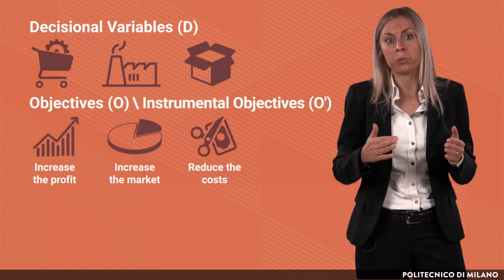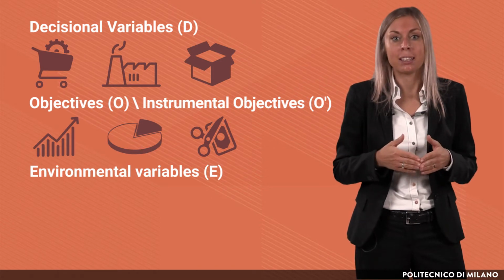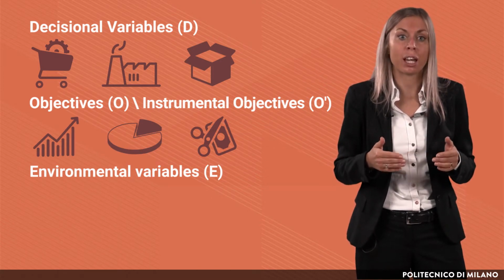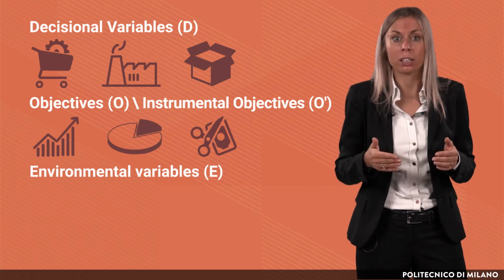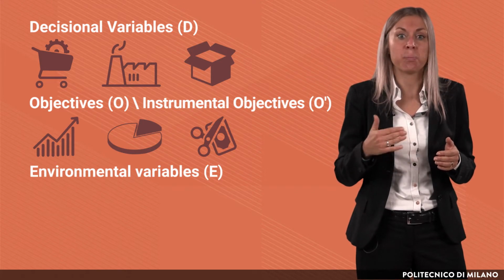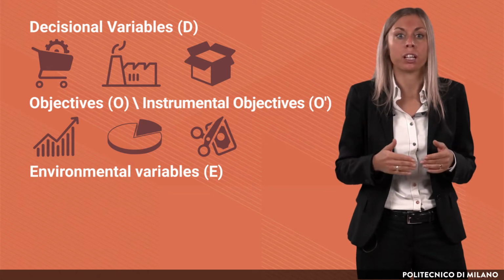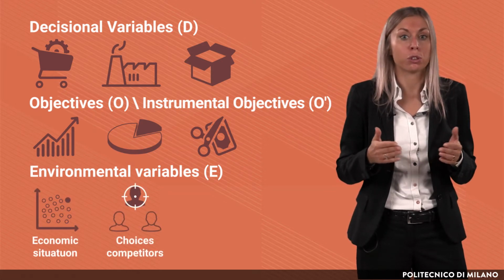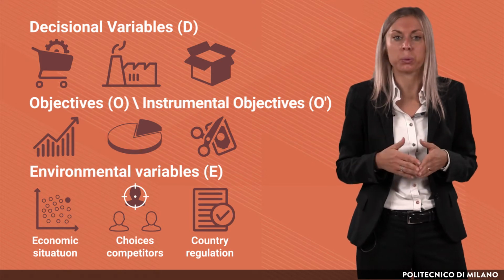The third type of variable pertains to the environmental variables, E. This pertains to the external elements that are not under the control of the company, that actually cannot be directly impacted by the company, but that are highly impacting on the achievement of final objectives. For example, the economic situation, the choices of the competitors, or the country regulation are environmental variables.